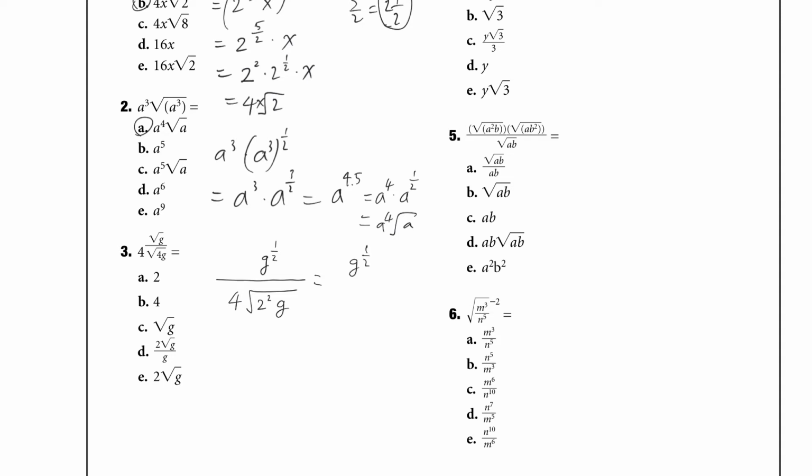And I'm going to rewrite the bottom again in terms of exponents like that. I'm going to expand the brackets. So 2 to the power of 2 and half, and those cancel, so I just have 2. And g to the half, it stays. And I can cancel these out, so I have 1 over 8.